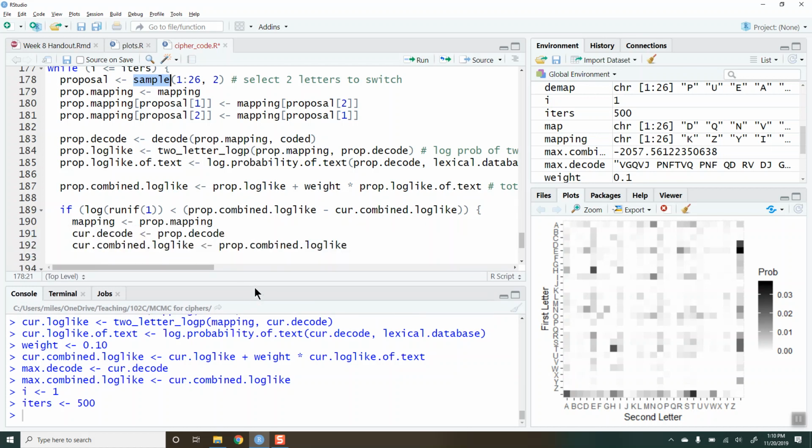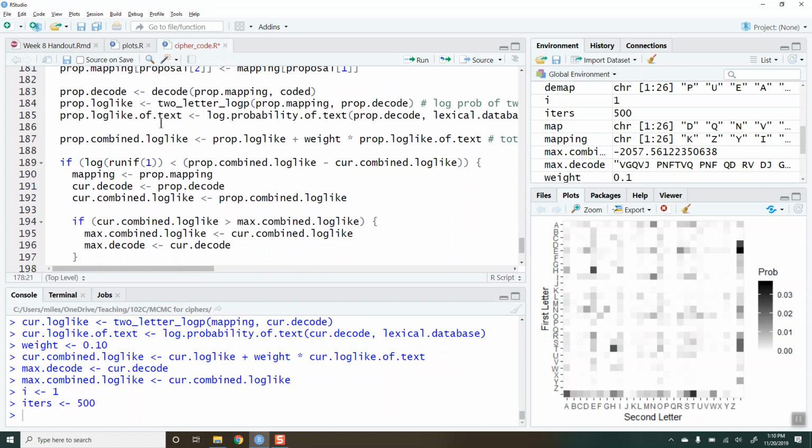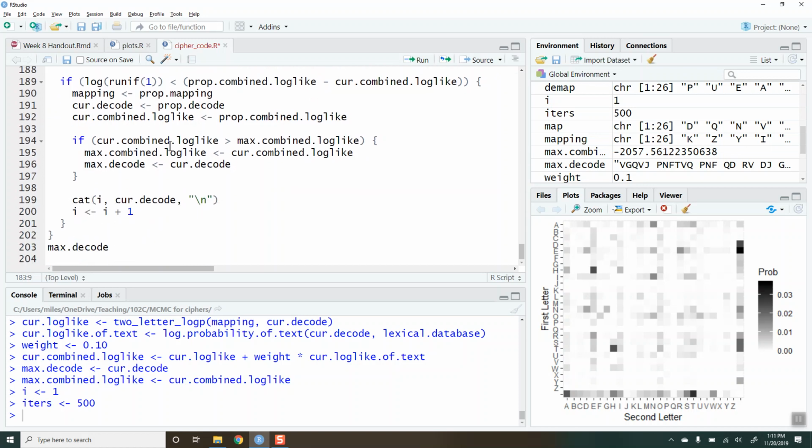The way that looks is we propose the swap, and we look at what text would result if we use the proposed mapping after the swap. We combine the two likelihoods, weighted, and decide whether to go or not, right? And because it's log probabilities, we're going to generate a random U, take the log of that, and see if that's less than the difference.